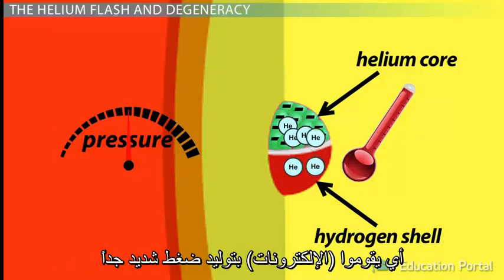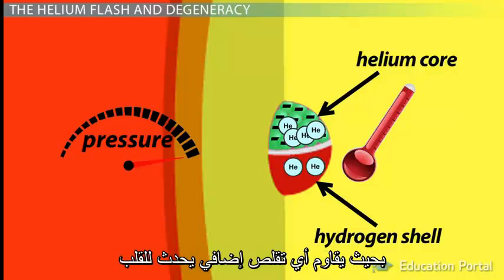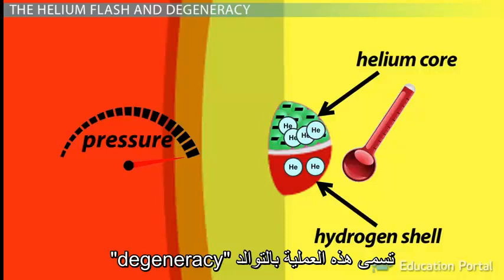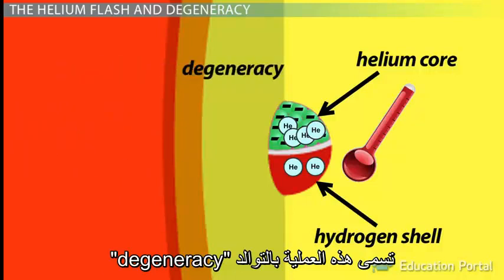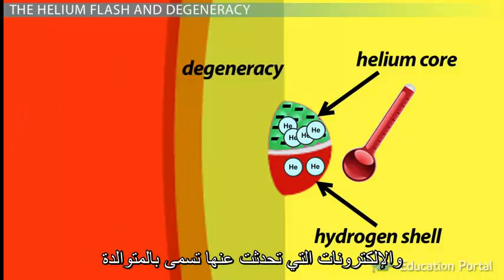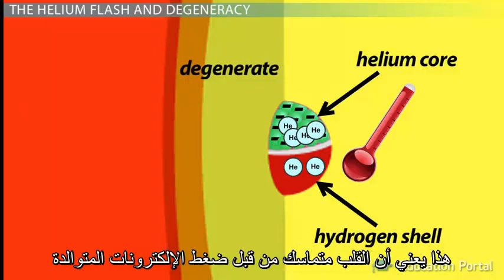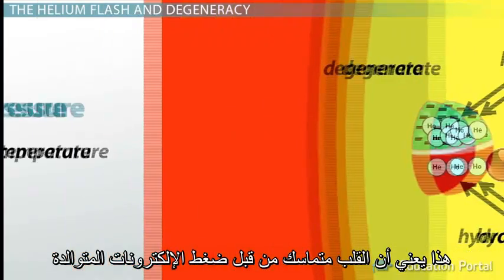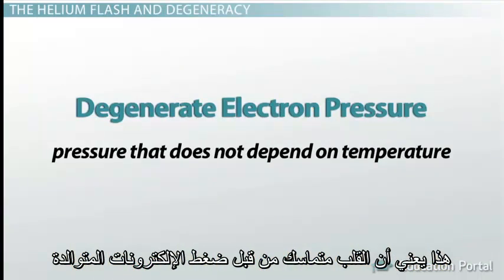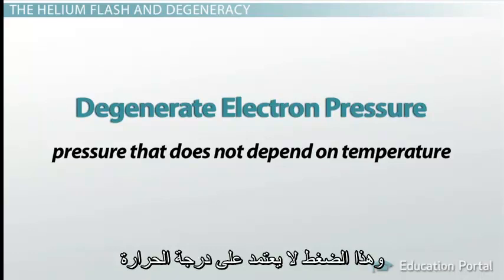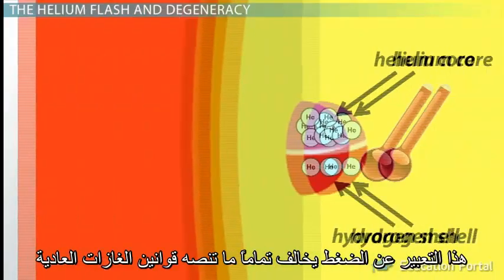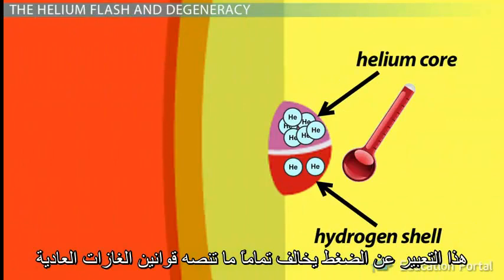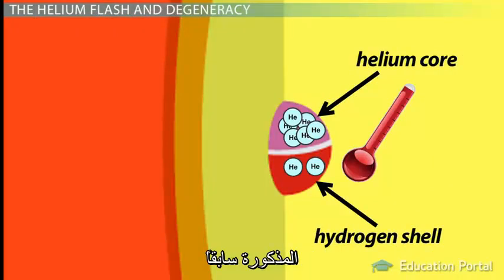They produce a very powerful pressure that will resist any additional core contraction. This process is called degeneracy, and the electrons I spoke of are termed degenerate. This means the core is held up by degenerate electron pressure, pressure that does not depend on temperature. This notion is completely the opposite of normal gas laws I referred to before.